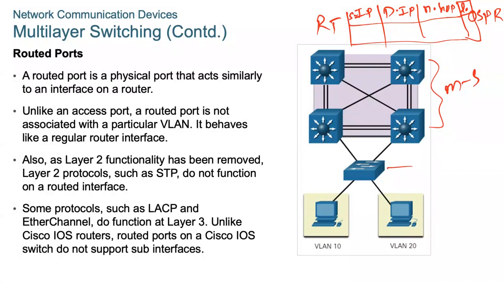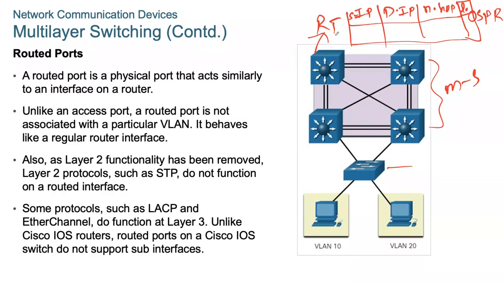These multi-layer switches act like routers only, so they maintain the routing table. A routed port behaves like a regular router interface, and because layer 2 functionality has been removed, layer 2 protocols such as STP, the spanning tree protocol, do not function on a routed interface.